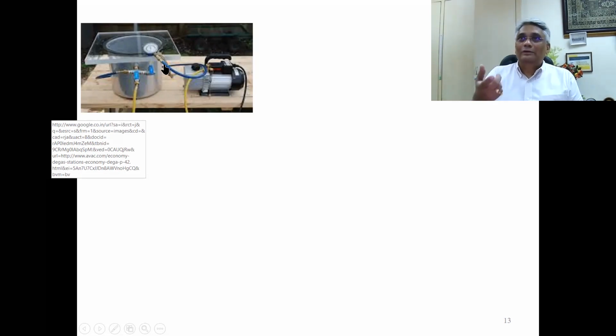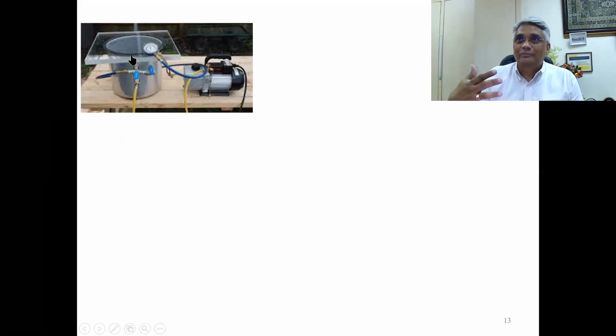Okay, but the same vessel, when it has to be used as a cooker to cook food, the pressure inside is high on the other side, right? But here is an example to show that the same container, I can use it for creating vacuum.